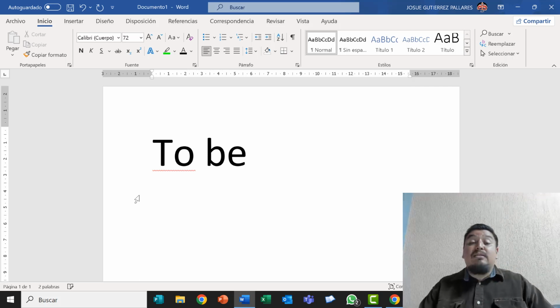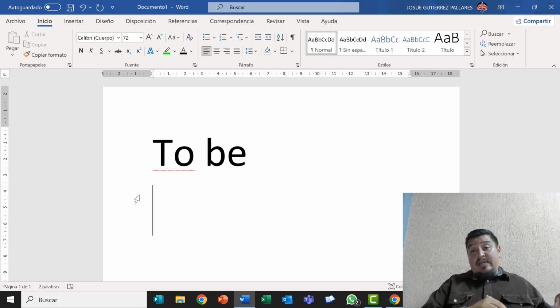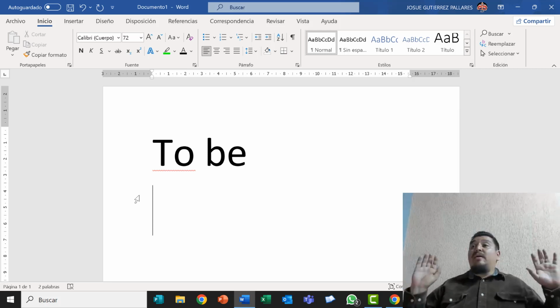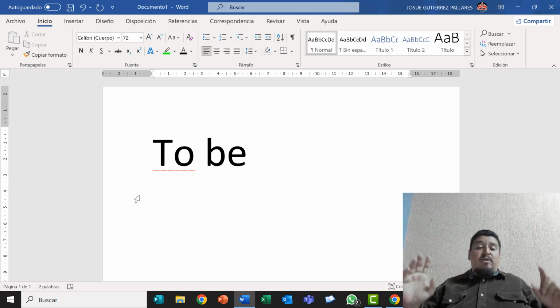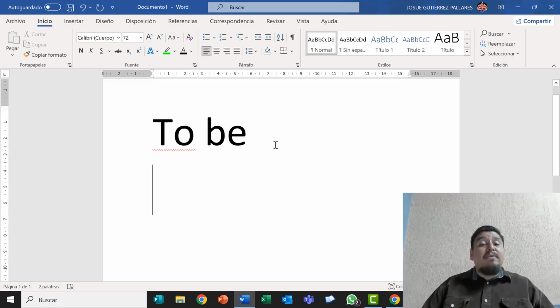So the verb to be is so different from any other verb. We call them action verbs. All the verbs are called action verbs except the verb to be. Well, to be, ser o estar.